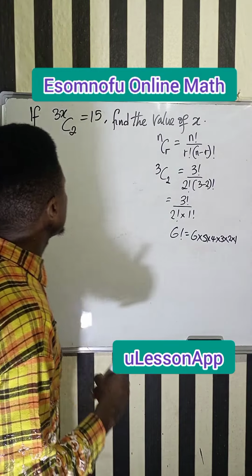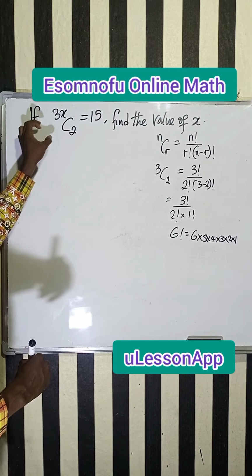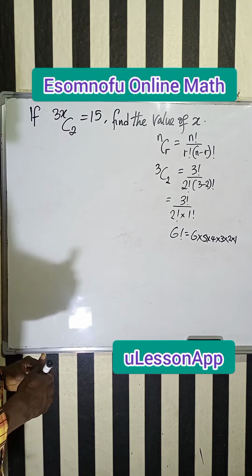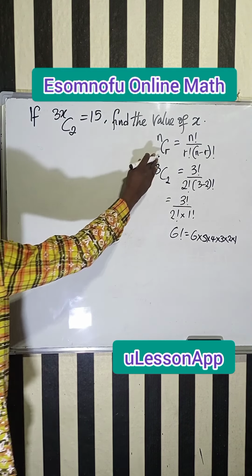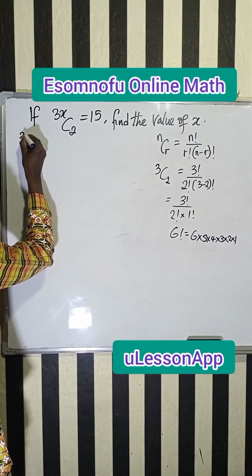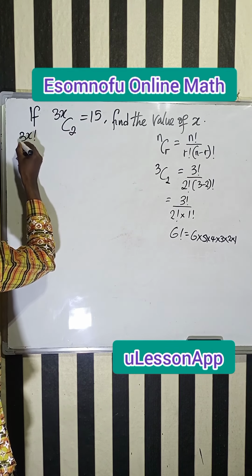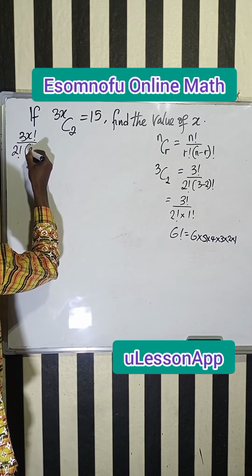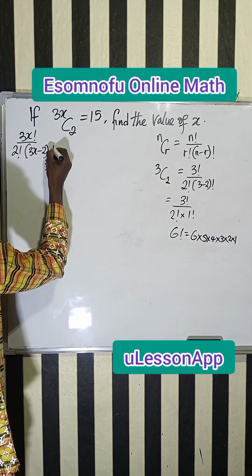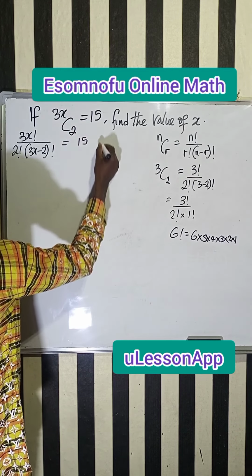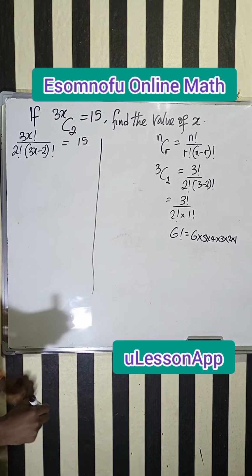So now we are told here that 3x combination 2 is equal to 15 and we are interested in getting the value of x. From this formula, you will notice that 3x combination 2 is the same thing as 3x factorial over 2 factorial, then 3x minus 2 all factorial. Everything is equal to 15, like we are told from this problem.